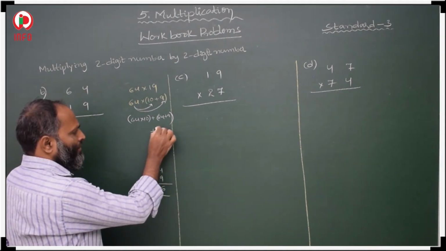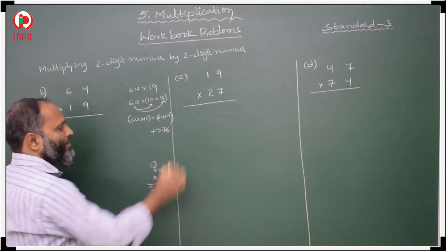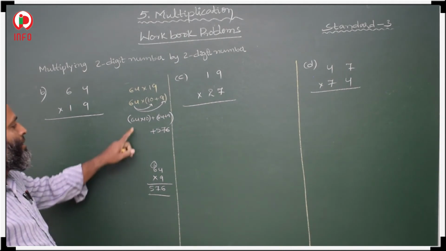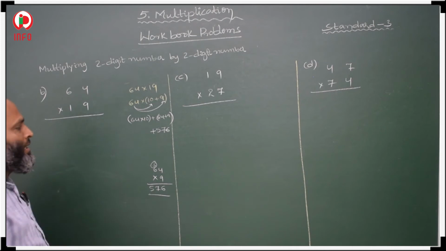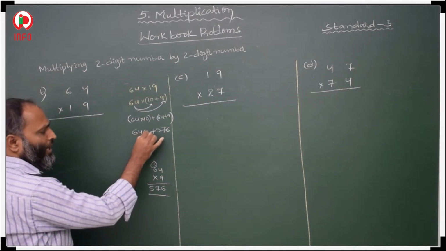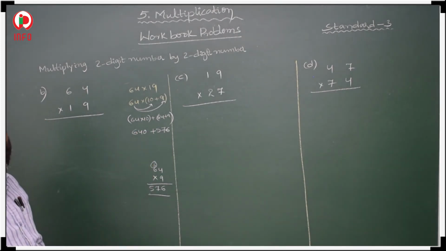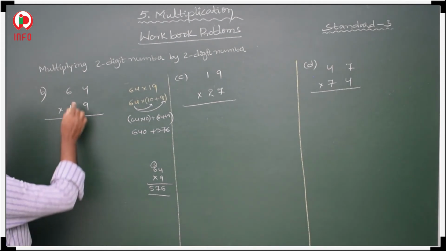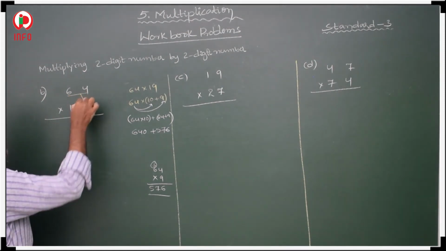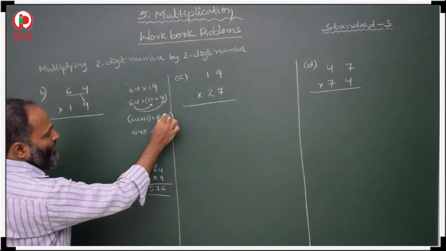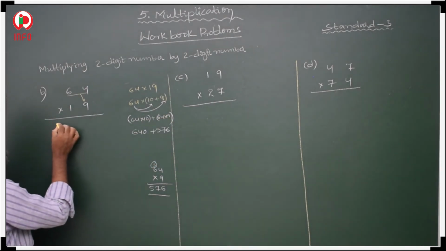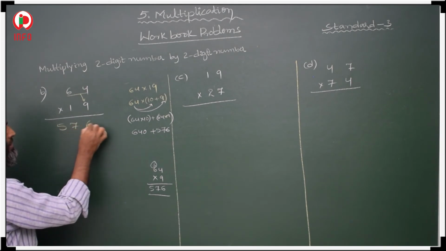9 6s are 54, 54 plus 3, 57. So 576. Then 64 tens, that is 64 tens, 640. Now 64 nines, how much? 64 nines are 576.